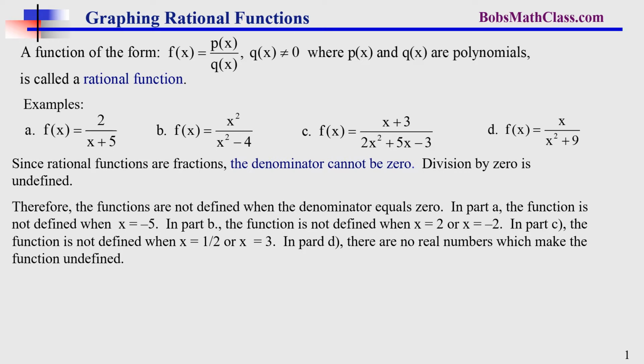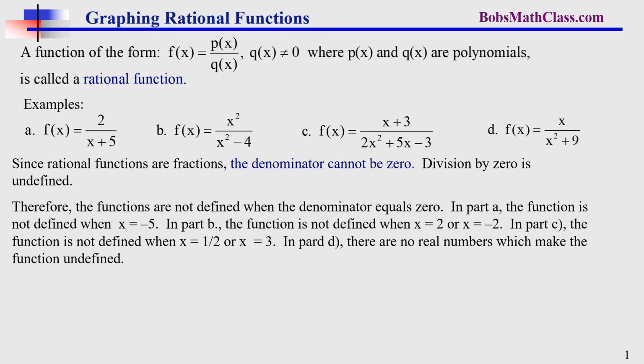In part B, it's not defined when x equals 2 or -2. Because when you plug in 2, 2 squared is 4, 4 minus 4 is 0, and we cannot have 0 in the denominator. With part C, there's two numbers, 1/2 and 3. If you plug in either of those numbers, it would not be defined.